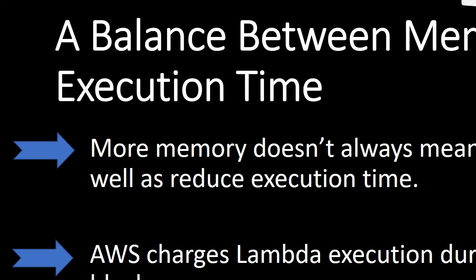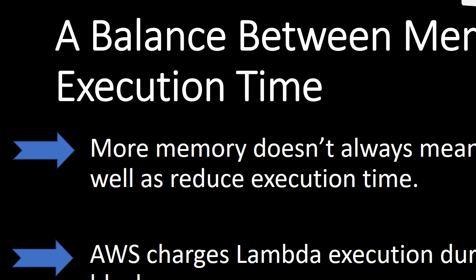There's no thumb rule for how much memory you should allocate to your function. It always depends on what kind of function logic you have. Suppose you have a function which is more computation heavy, like CPU oriented logic, search algorithms or sorting algorithms, then increasing the memory will help you decrease your execution time drastically and make you more savings.